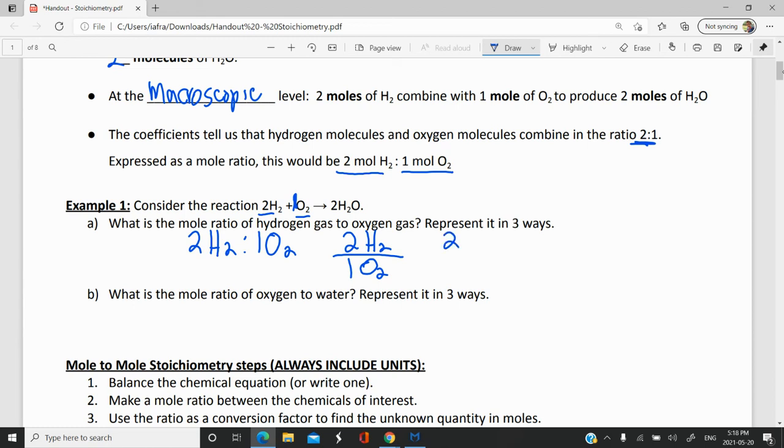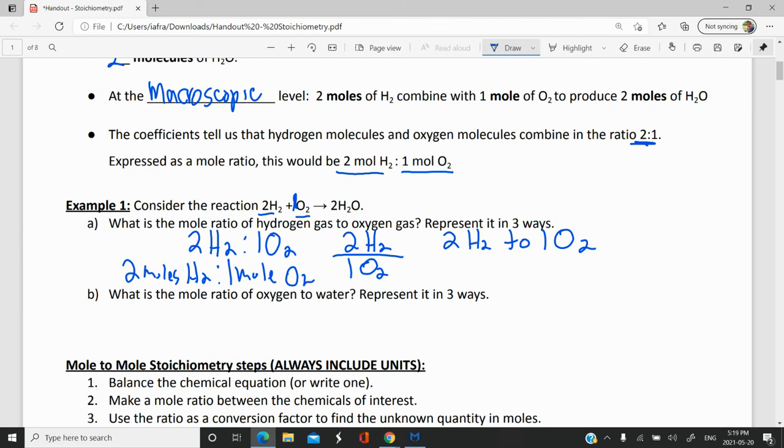You can also say 2 H2s to 1 O2. And I didn't put moles or molecules in there, but if you want to specify that it was a mole ratio, to be more specific, you would say 2 moles of H2 for every 1 mole of O2, just like that.